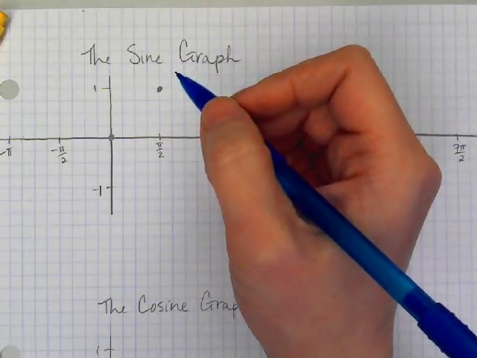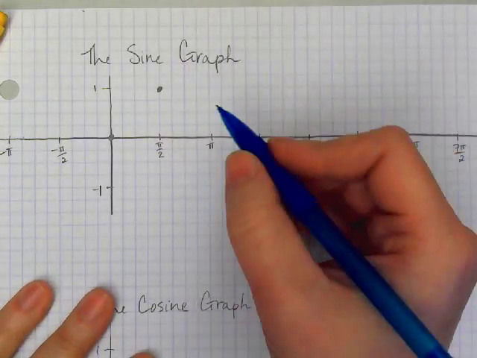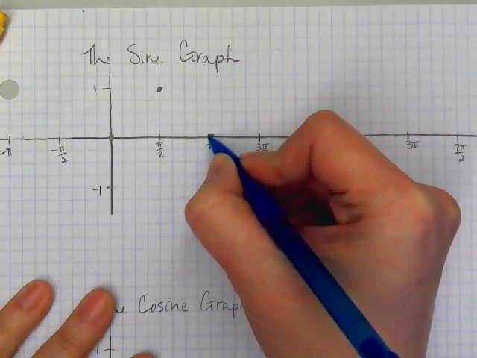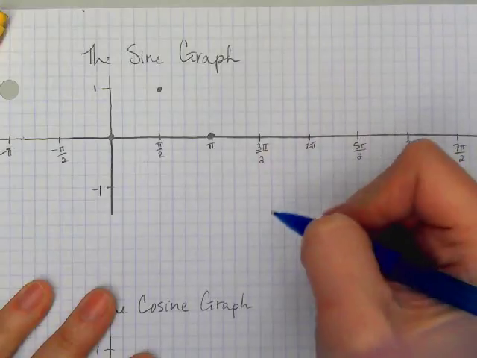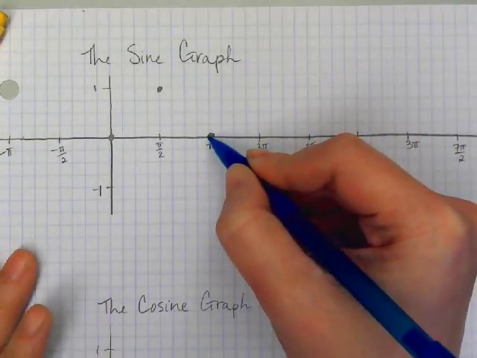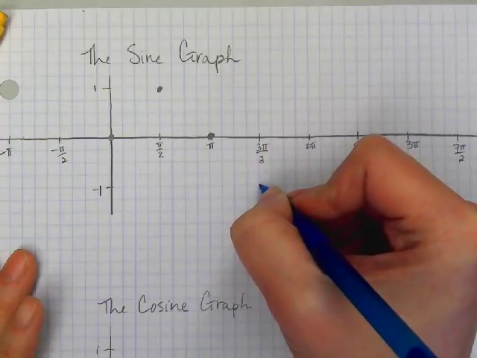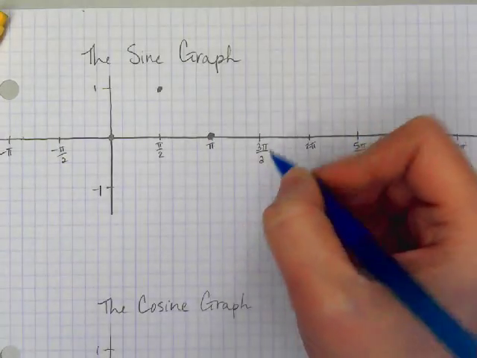As you went down to 180, or pi, you were back at 0 for ground level. As you got 3/4 of the way around the circle at 3 pi over 2, you were at an altitude of -1, and then you came back up to 2 pi.